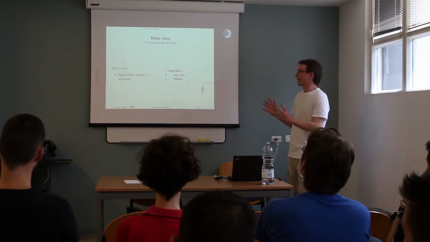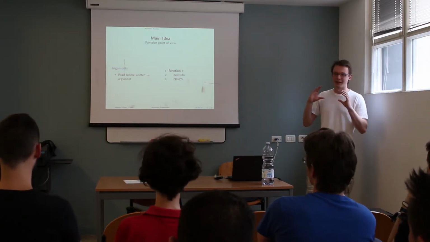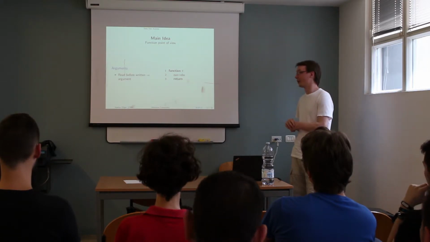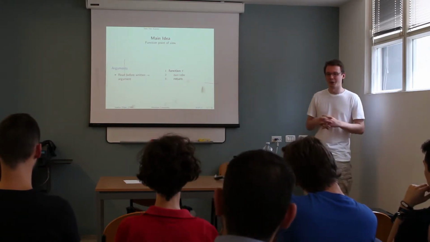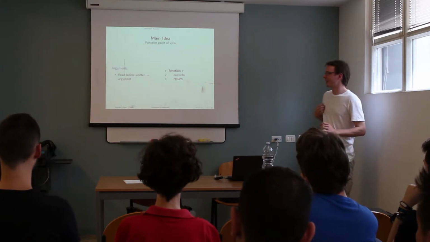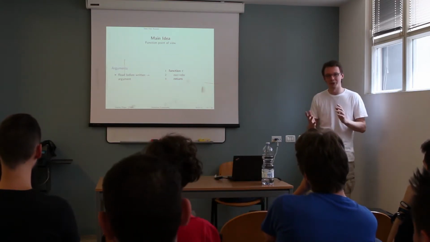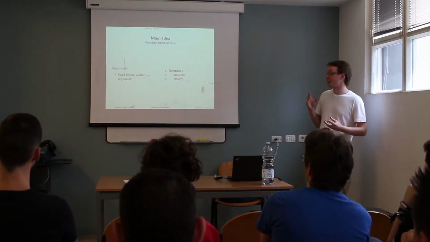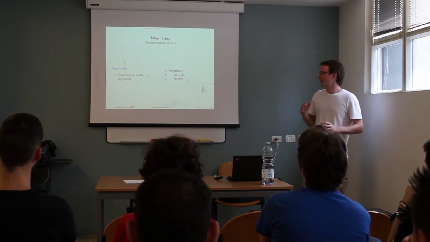Okay, so now we're inside a function and we want to get the information, what are the arguments of this function. And the simplest idea about it is, if an element is read before it's written to, it's an argument.